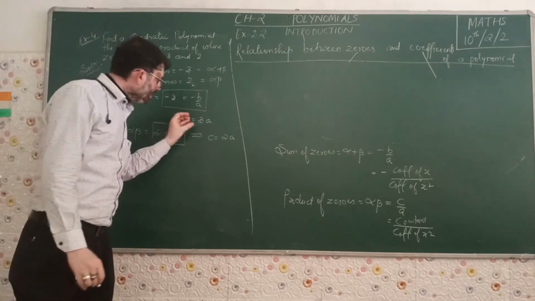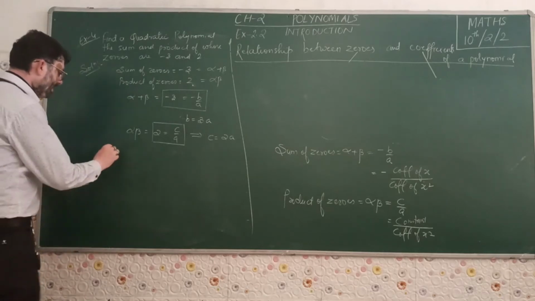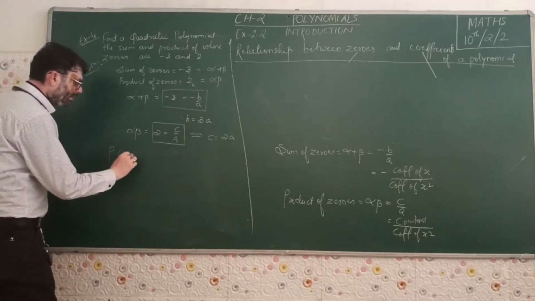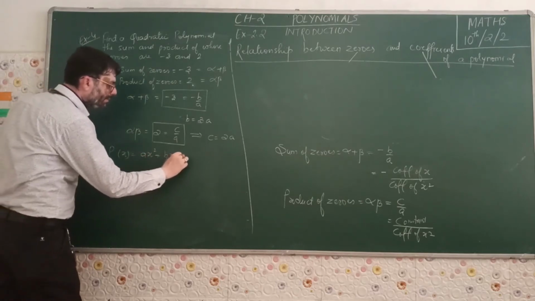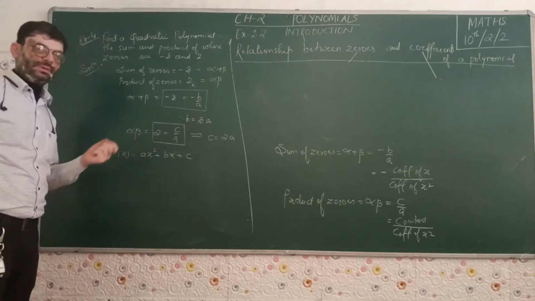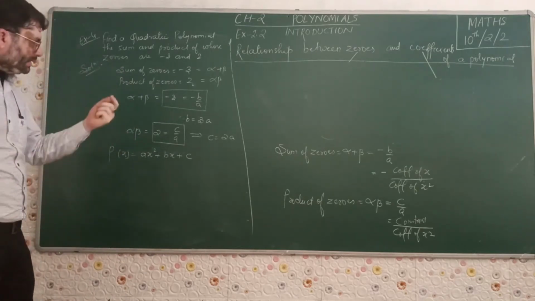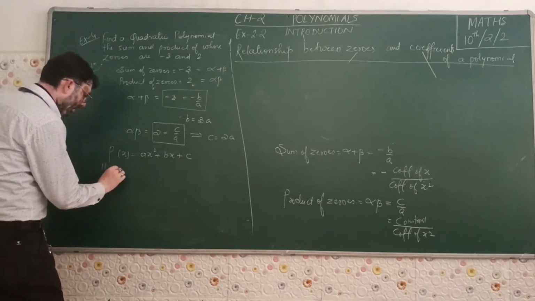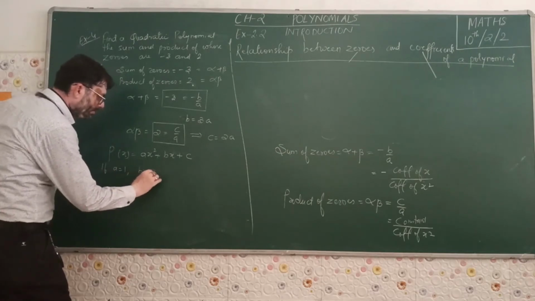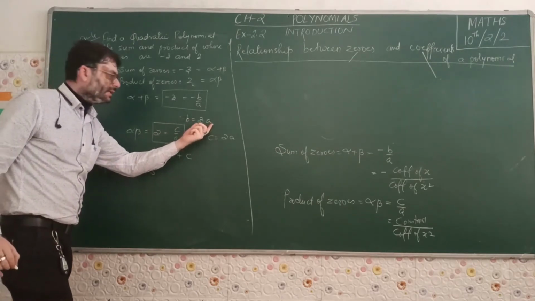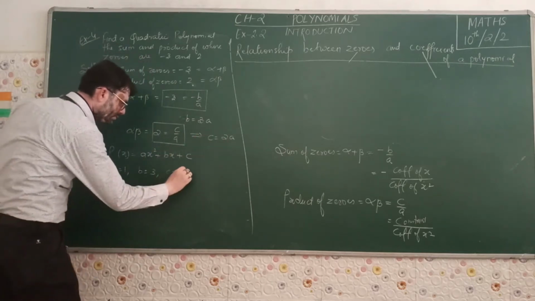Now the values of b and c are dependent on the value of a. We have the standard form of quadratic polynomial, p of x is equal to ax squared plus bx plus c. This is the standard form that we have. Suppose we take a equals to 1. If a equals 1, then b will be 3, if you substitute the value of a here, and c will be 2. So c is equal to 2.